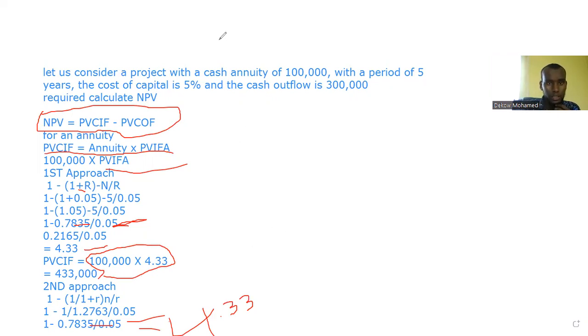Now we need to get the NPV. Remember, I said NPV is equal to the present value cash inflow subtracted from the present value cash outflow.